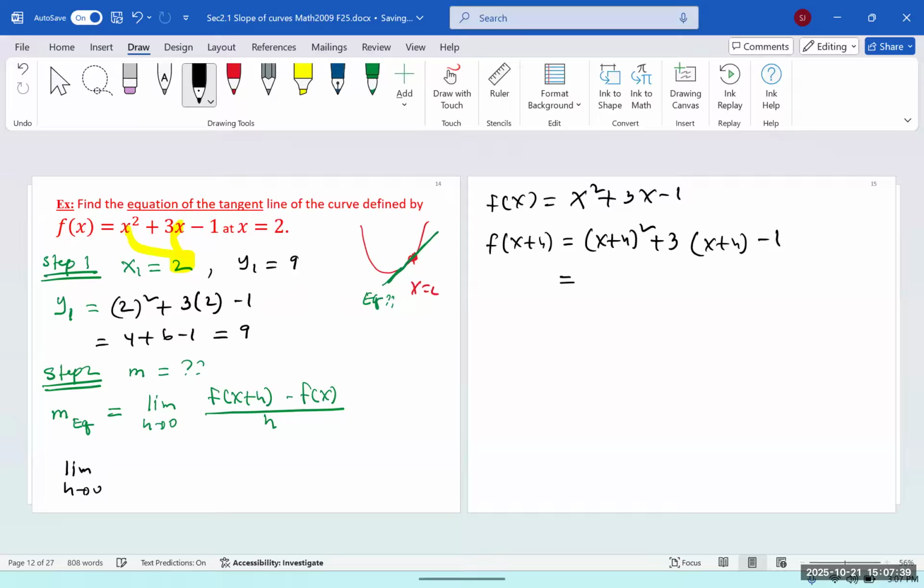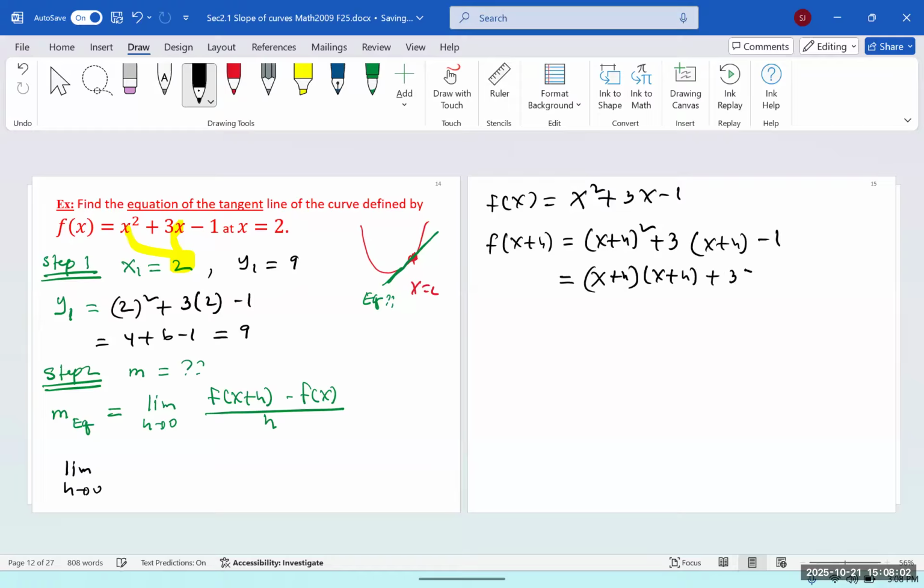Pedro, what do you get from here? Not factor, you have to expand. Oh, I thought you were giving your factoring out. Sorry, my bad.